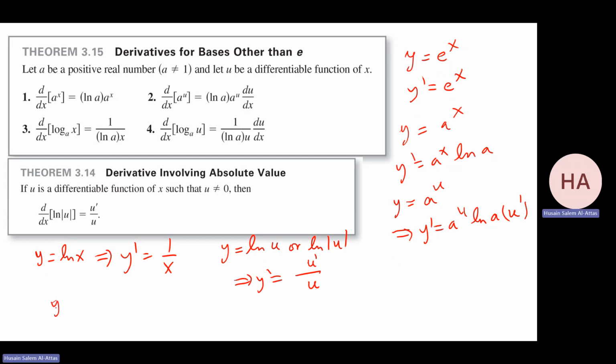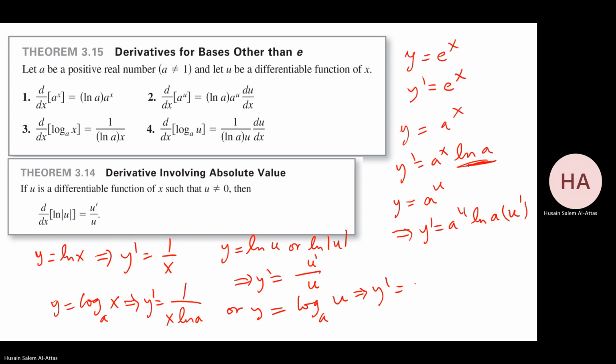And then if I have y equals log x with the base a, it will be the same thing, y prime is 1 over x, but I have ln a here as a product or quotient. The last one, if y equals log u with the base a, y prime will be 1 over u ln a, don't forget, multiplied by u prime.